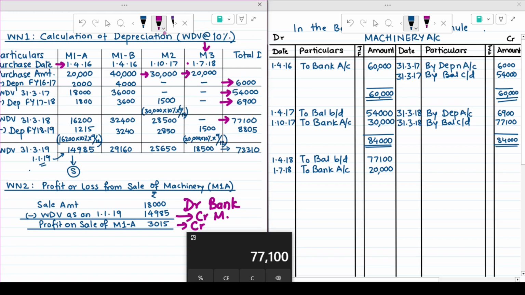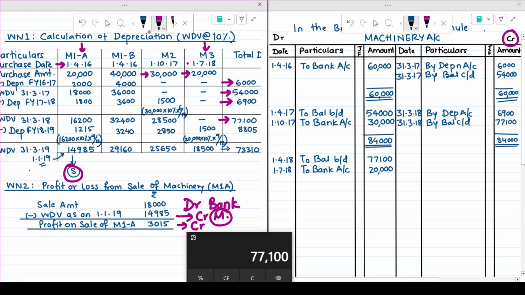So this amount will be credited. So we have one debit and two credits. Machinery account we are going to credit. So to give the credit effect to machinery account, we'll credit the amount with 14,985. But before doing this, let's pass the depreciation entry on the asset that we are selling. We are selling machinery 1, this one here, right?